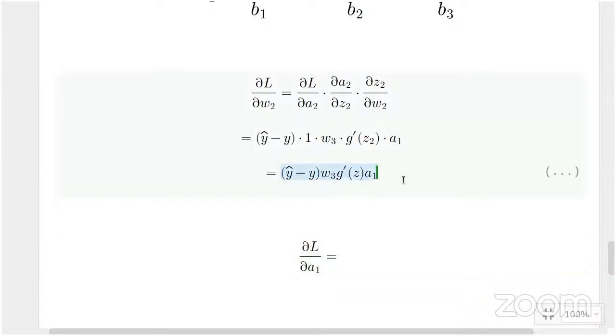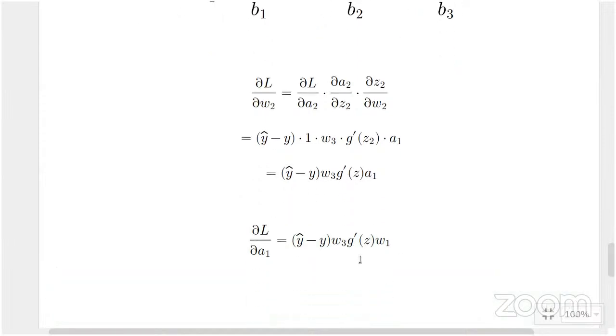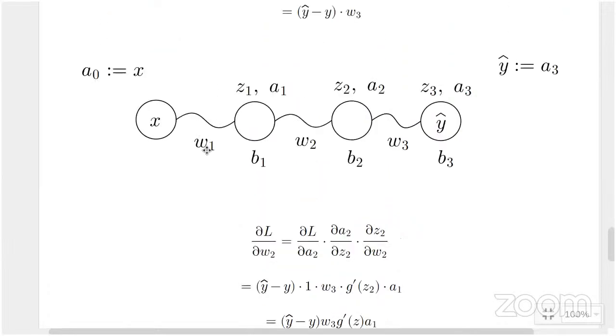This thing into W1. So instead of A1, I'll have W1. Is that correct? Yes, sir. Please verify this. Once you have dou L by dou A1, it's very easy to compute dou L by dou W1.